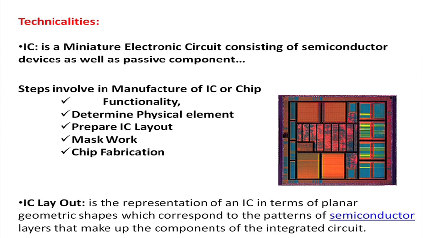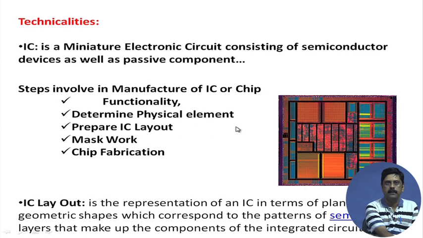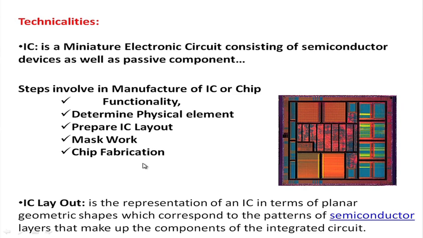So what function does it perform? Electronic circuitry function, because electrical circuitry functions differ from electronic circuitry functions. The steps involved in the manufacture or fabrication of an IC or chips are: first you decide the functionality, determine the physical elements required, prepare the layout, prepare the mask work, then you fabricate the chips.